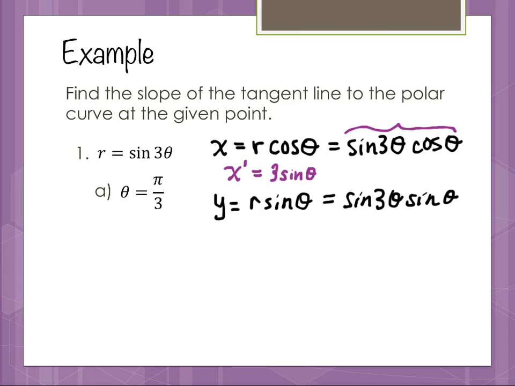Okay, so 3 sine theta, and then what? What do we have next? Okay, I have 3 cosine 3 theta cosine theta.